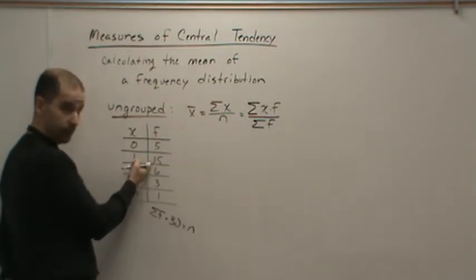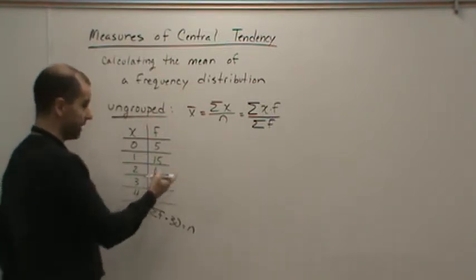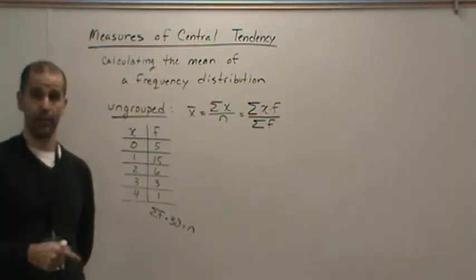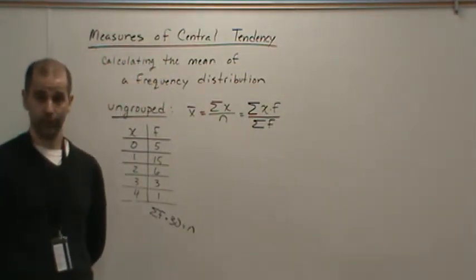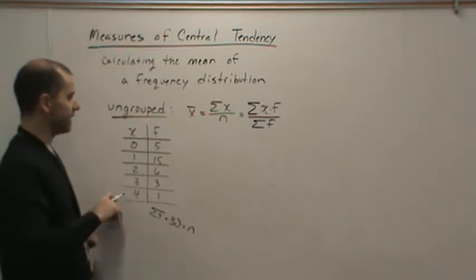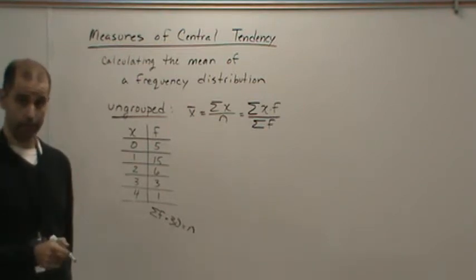I have 15 of them. 15 of the observations are 1. If I add those up, I'm going to get 15. So that's the same as taking the value times the number of times it comes up, right? Just multiplication. Repeated addition, right? So again, it's the same formula in the ungrouped case, okay?